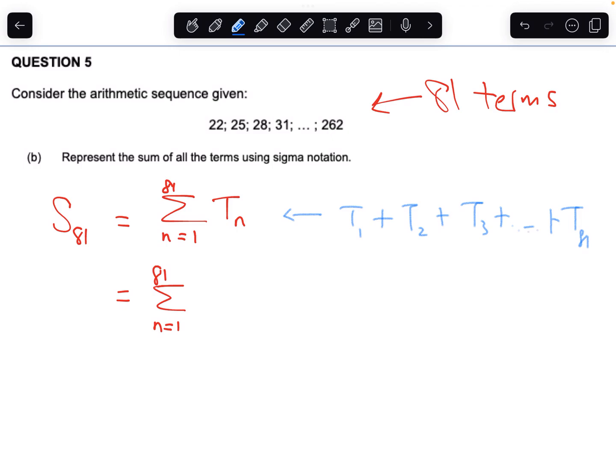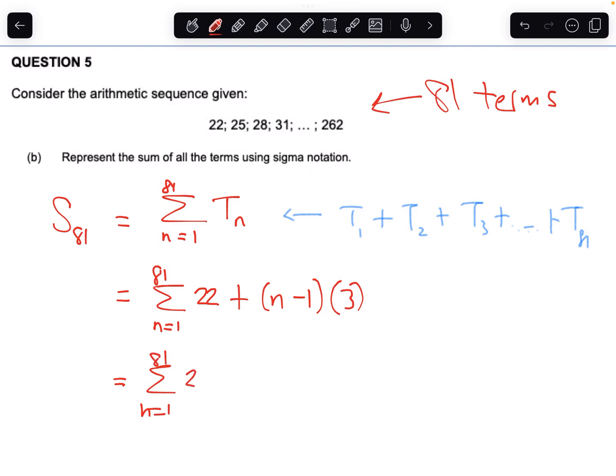Now we're going to replace the tn with an actual expression for tn. Again, just to remind ourselves, that is a plus n minus 1 times d. And we know that a, the first term, is 22, and d, the constant difference, is 3. So let's simplify that a bit.